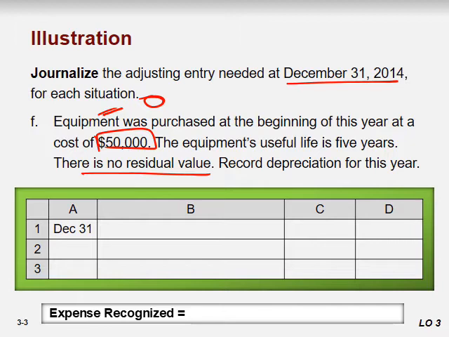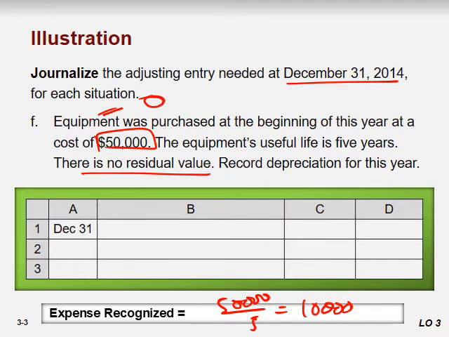Record the depreciation for the first year. So what is depreciation? It is the cost of usefulness of the asset throughout its lifespan. So 50,000 divided by 5, the answer is 10,000, right?